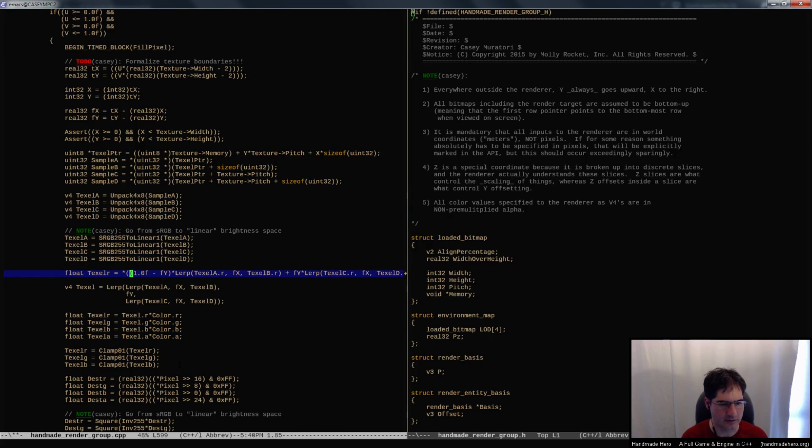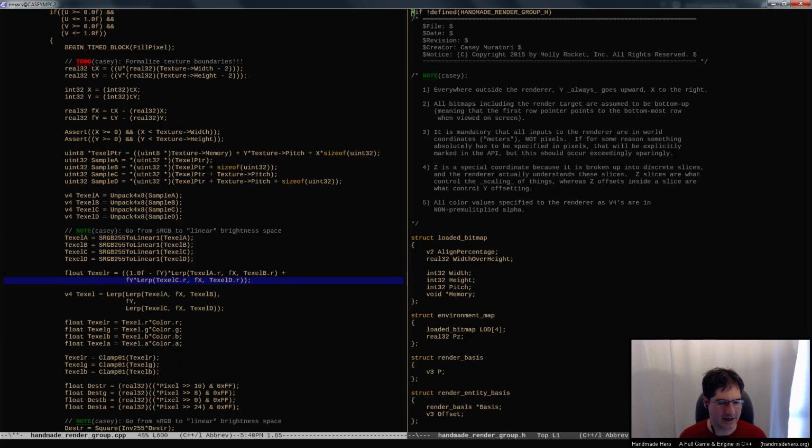I'm going to make this a little easier to read here. We know we're doing that operation, and each of these lerps is the exact same lerp, right? So I can replace this lerp with the same thing: 1.0 minus fx times texel A plus fx times texel B, like so.